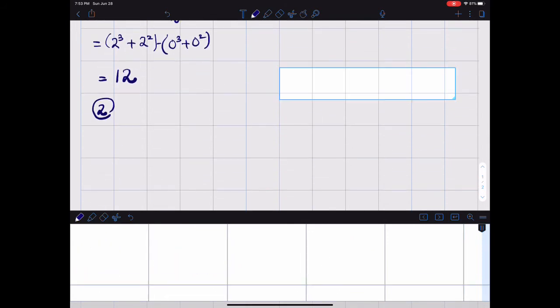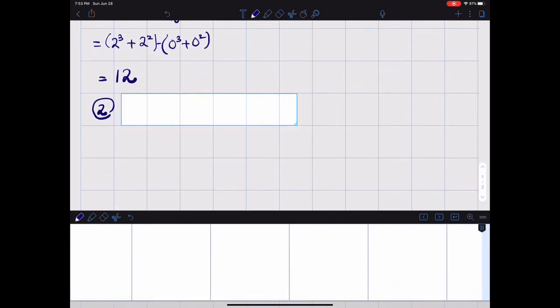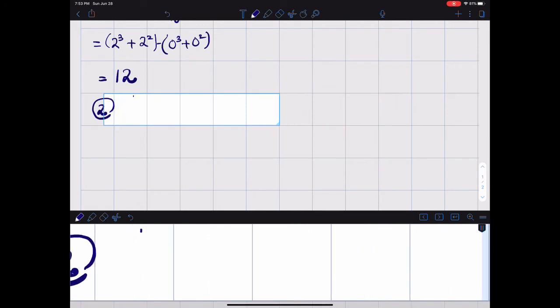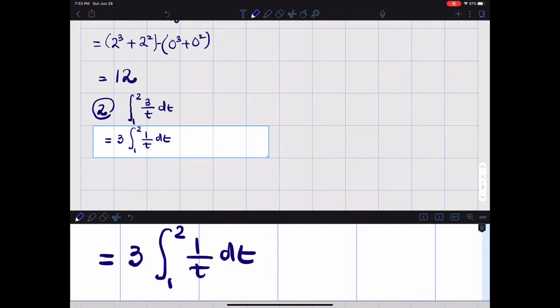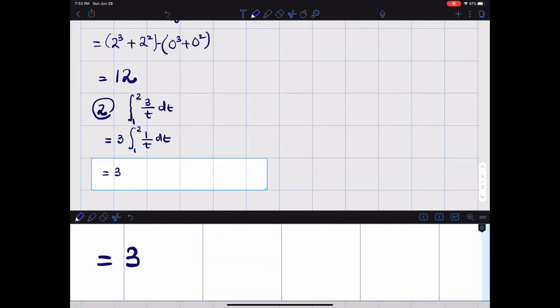We want the definite integral from 1 to 2 of 3 over t dt. We can factor out the 3: 3 times the integral from 1 to 2 of 1 over t dt.